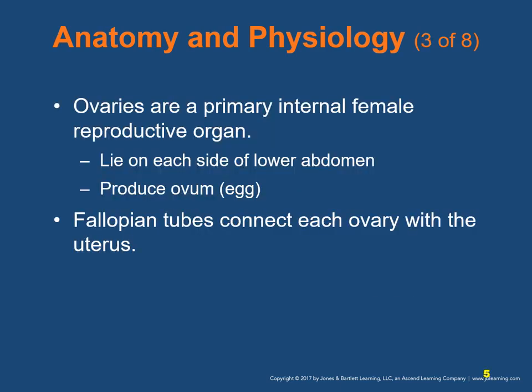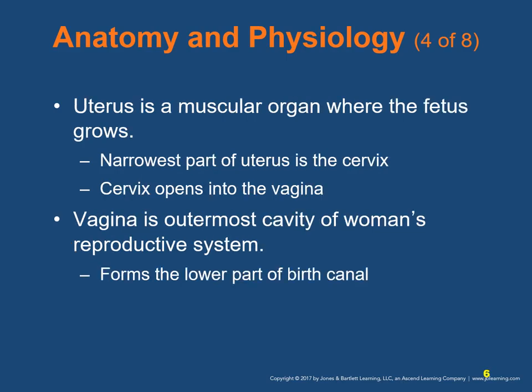Internal structures. The ovaries are the primary female reproductive organs. Ovaries lie on each side of the lower abdomen and produce an ovum, or egg. A fetus develops from the fertilized ovum. Fallopian tubes connect each ovary with the uterus. The uterus is a muscular organ where the fetus grows during pregnancy.